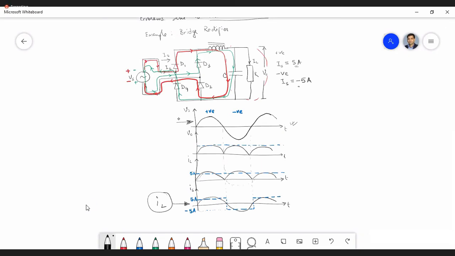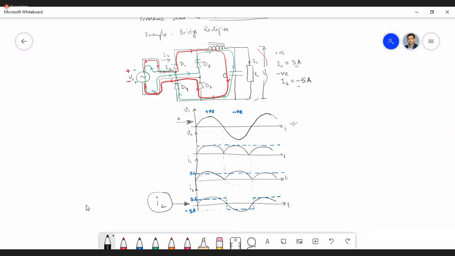But it is not the case when we are using the filters. When you are using low pass filters, that is LC filters, the thing changes. And what are we getting? We are getting non-sinusoidal source current.